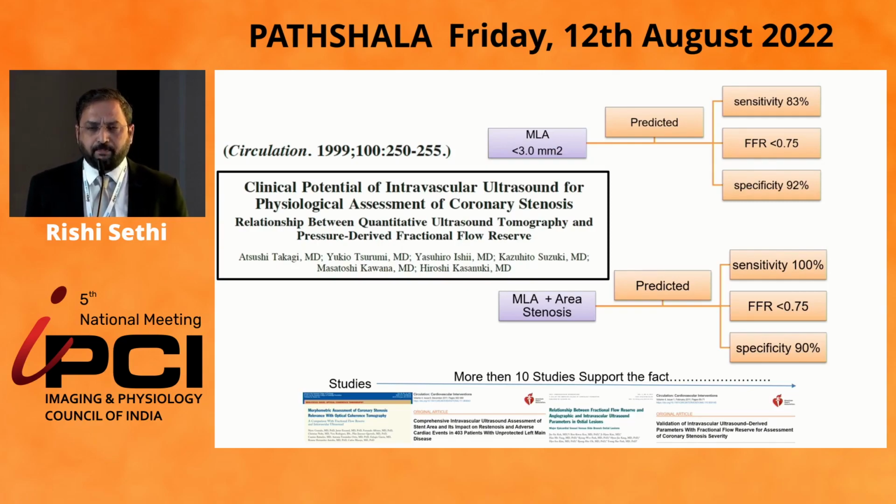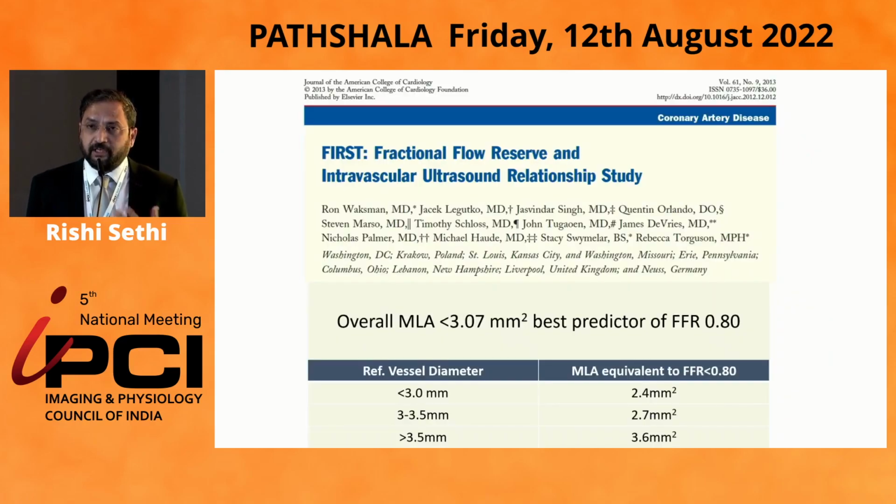This was an elegant paper way back in 1999, and the world had to wait for another 13 to 14 years before the second large paper was published on these issues. That is the first study published in 2013. And here also it said nearly the same thing, that an MLA cutoff of less than 3.07 millimeters square best predicted the FFR of 0.80.